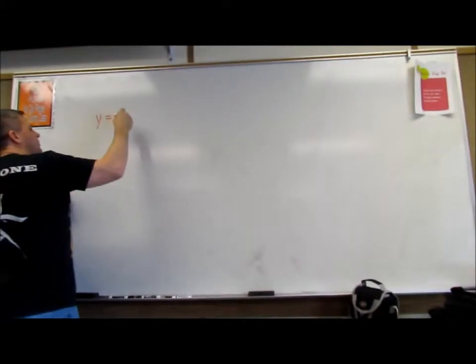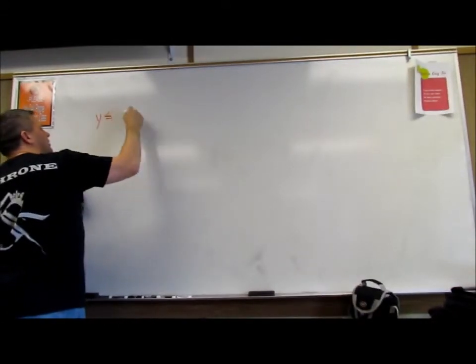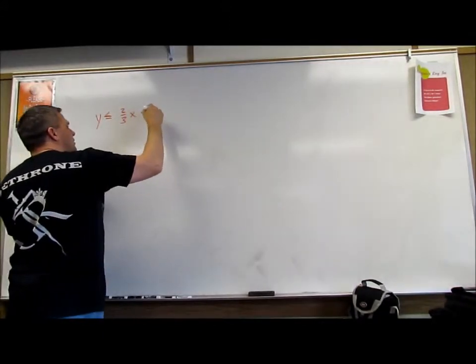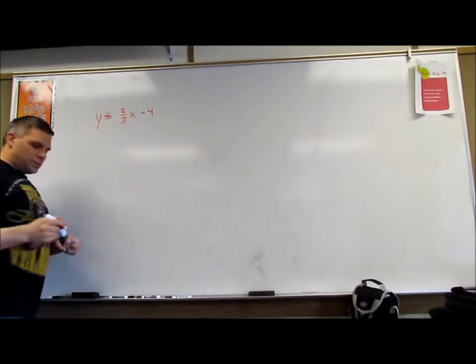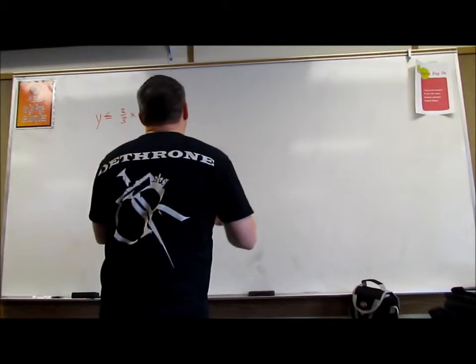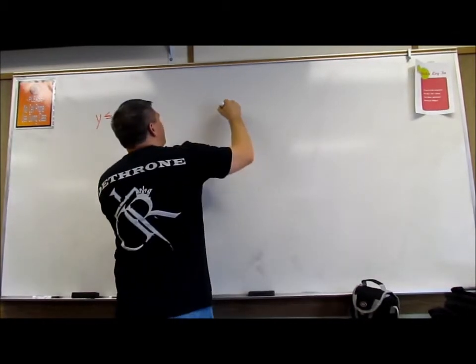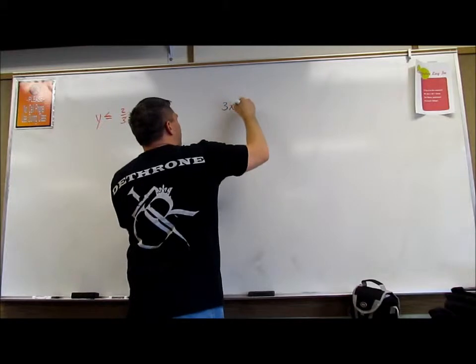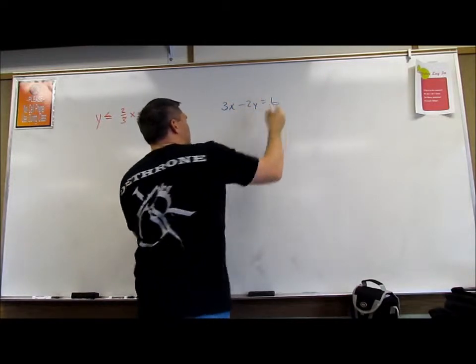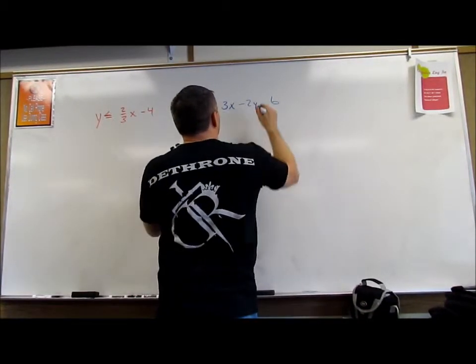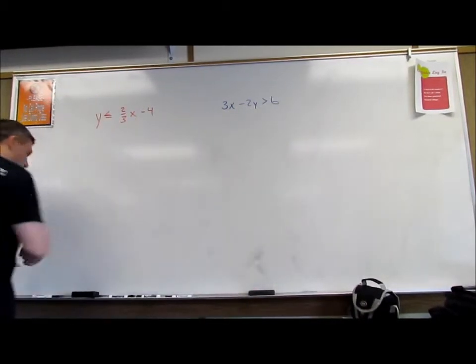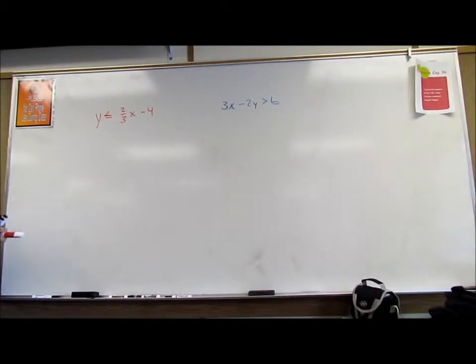Y is less than or equal to 2/3 x minus 4. Okay? And then in this one, I'm going to do 3x minus 2y equals 6. Oh, I'm going to do greater than 6.